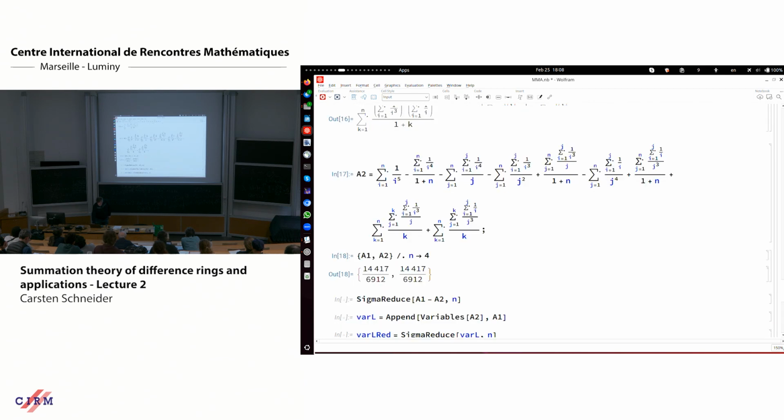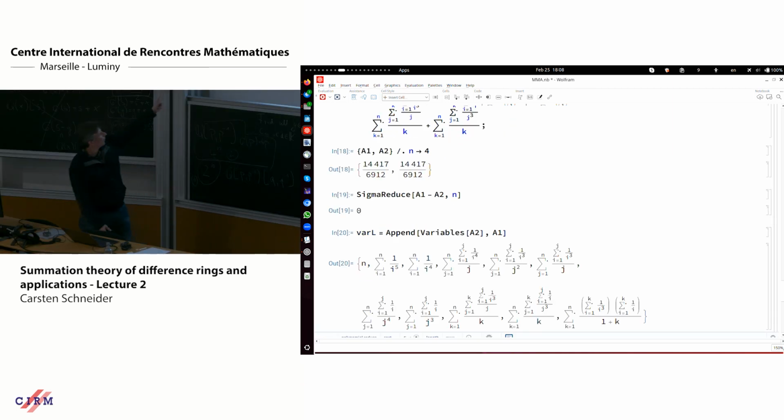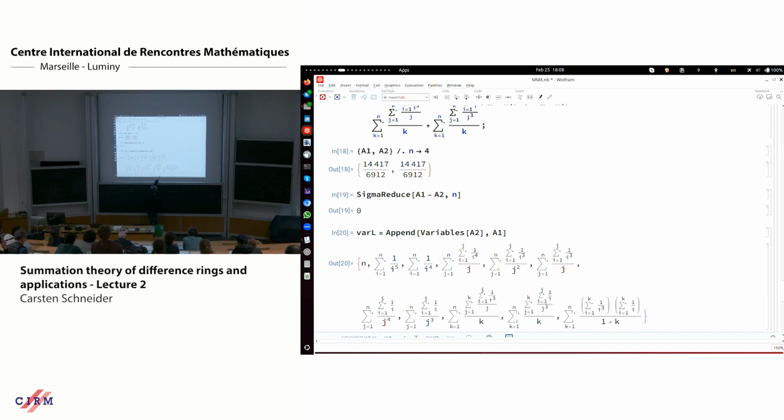Now I can apply SigmaReduce to A1 minus A2, and it's 0. So I have a proof that the two sequences are really equal for all n. But here basically I put all the sums in one tower. So these are all objects that you see. This is A2, and these are the objects of A1, okay?